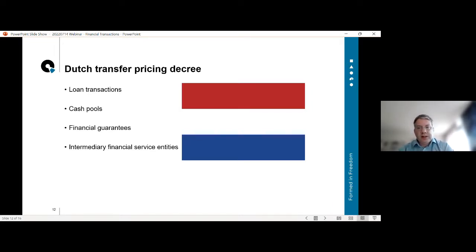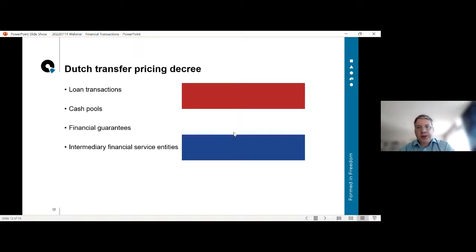So please take into account that you should always examine the various options realistically available in assessing transfer pricing transactions, financial transactions.